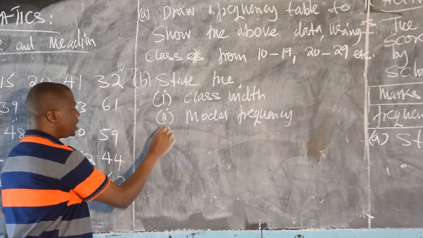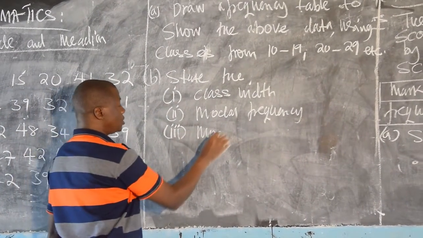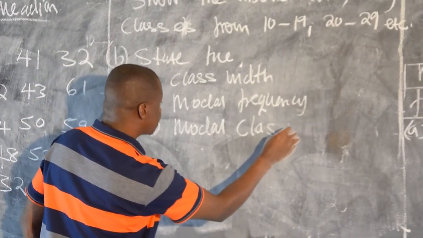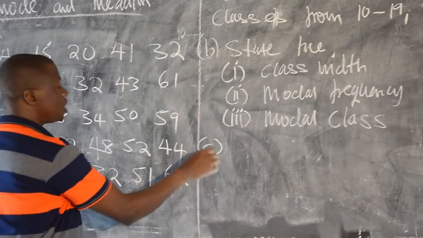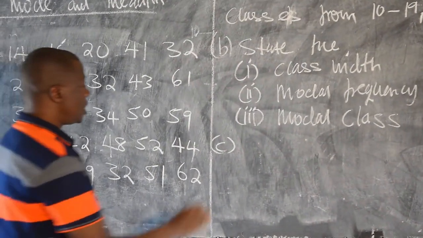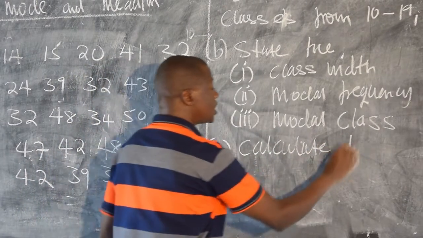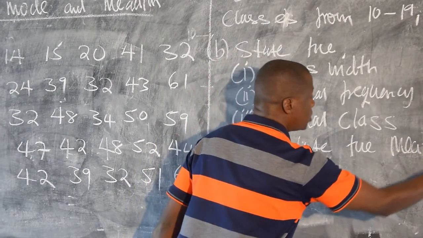Roman number 3, state the modal class. Then part C, calculate the mean mark.